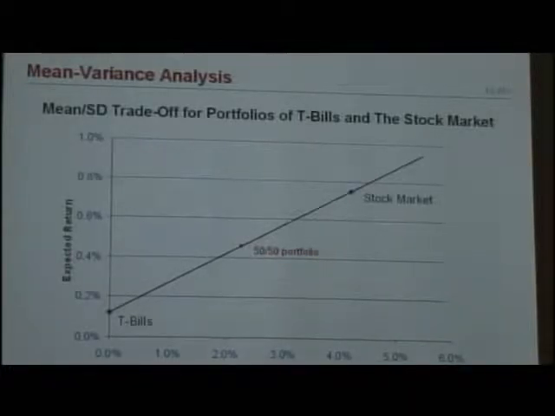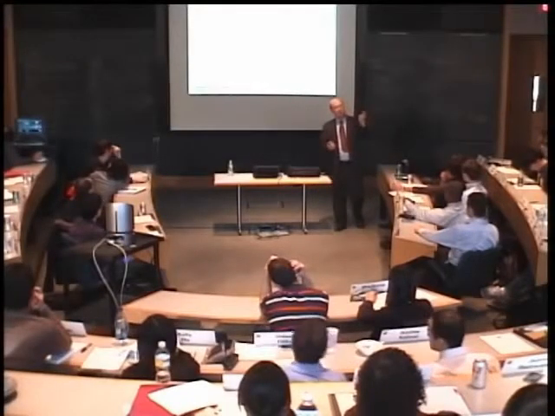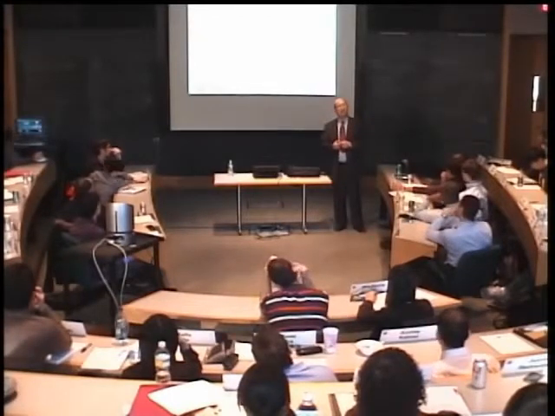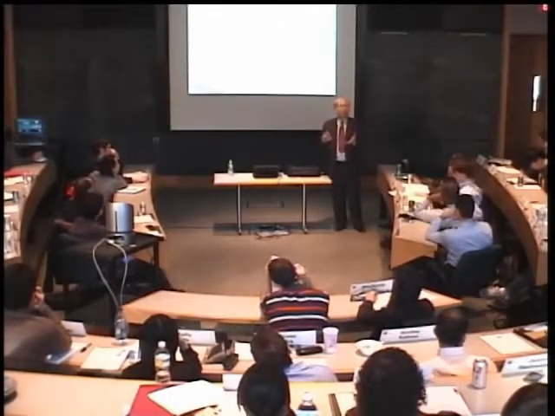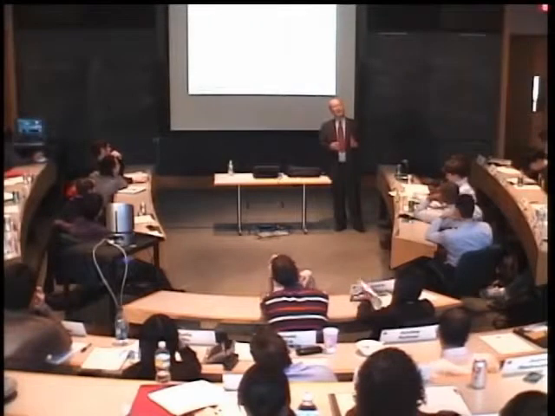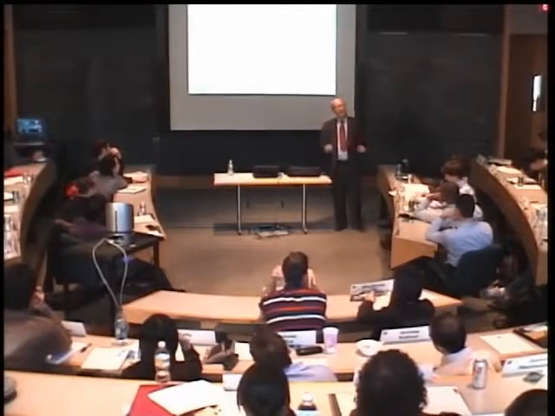If you're in the middle of this line, so literally, if you have the same distance between here and here and here and here, that actually gives you a 50-50 weighting on those portfolio weights. So geometrically, this actually corresponds to a 50-50 weighting of T-bills and the S&P.